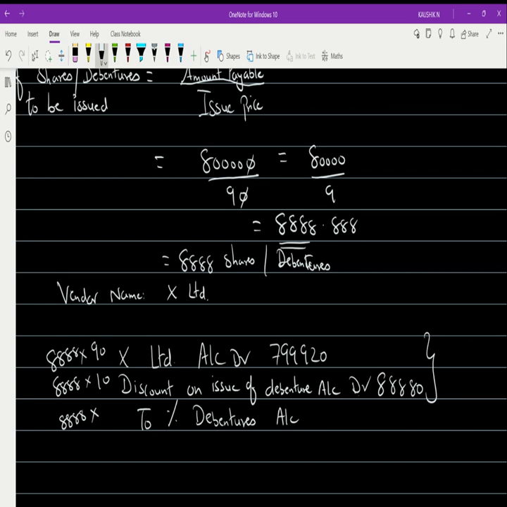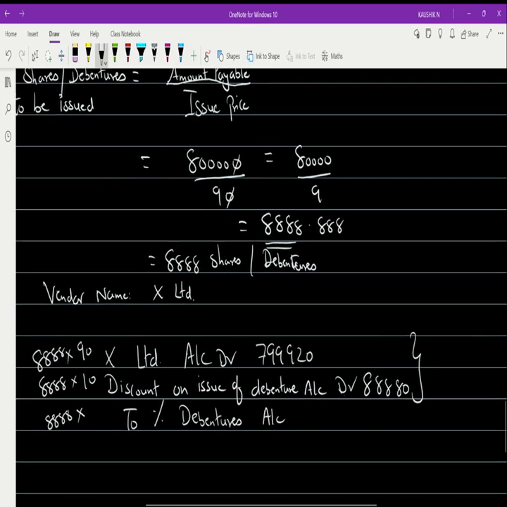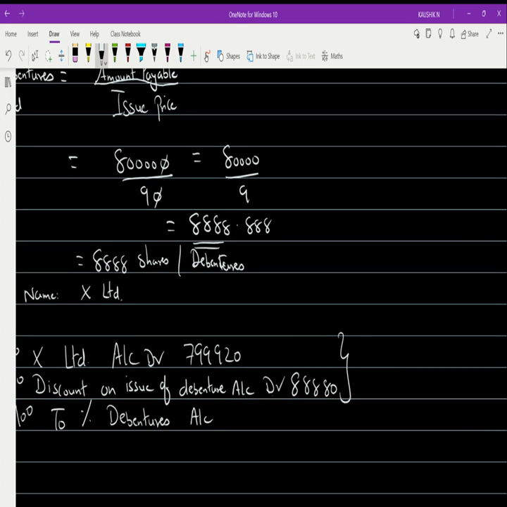If you club these two values, what will be the net value? It is even easier. Here on the credit side, the face value is 100 rupees. So if you multiply 8,888 into 100, what value will come? 8,88,800. Very good. Okay, so 8,88,800. Right?